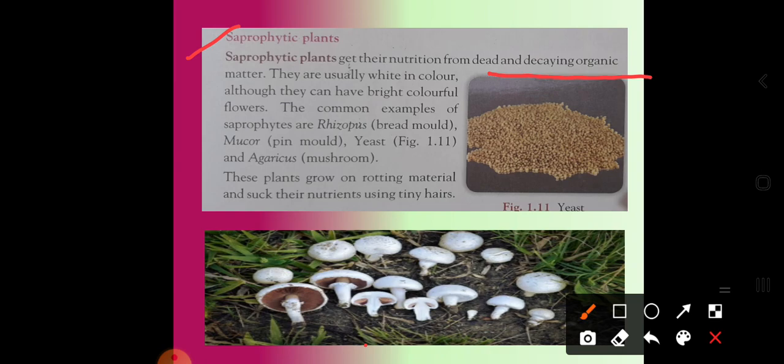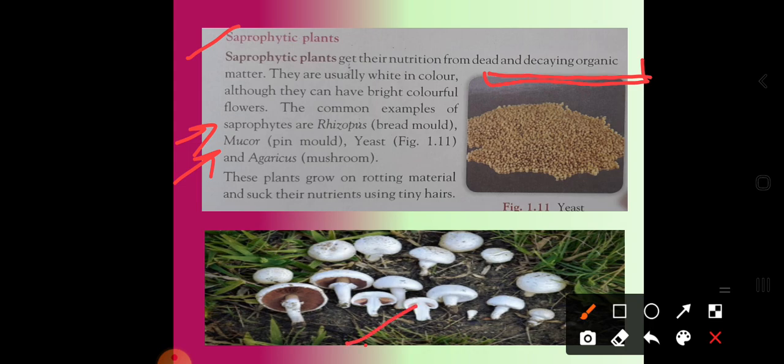Rhizopus, which you can find on bread mold, and Mucor, which you can find on yeast. These are examples of saprophytic plants which get their nutrition from dead and decaying organisms. The best example is the mushroom, which is called Agaricus.